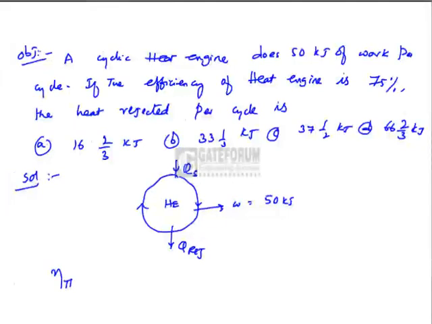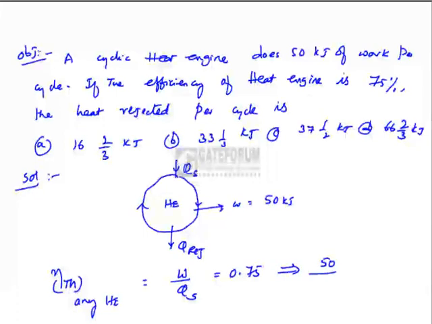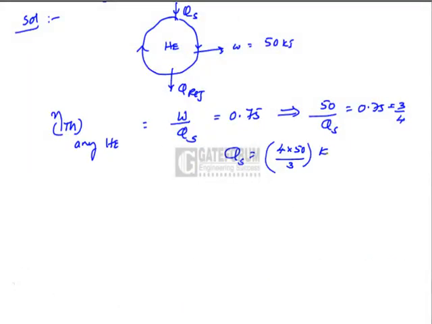Thermal efficiency of any heat engine cycle is given as W divided by Qs, which is given as 0.75 in the problem. This implies 50 divided by Qs is equal to 0.75, which is equal to 3 by 4. Therefore, Qs is equal to 4 into 50 by 3 kilojoules.